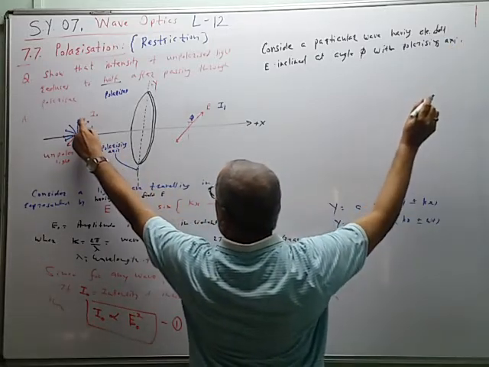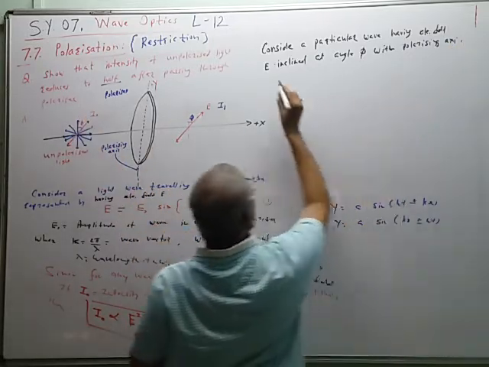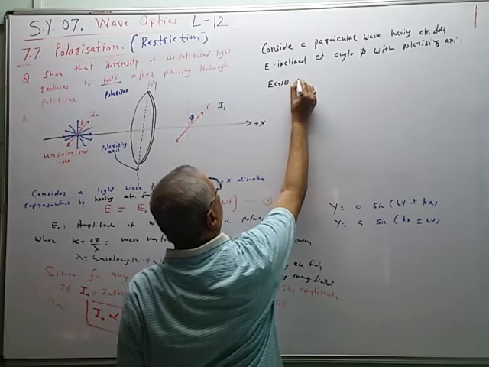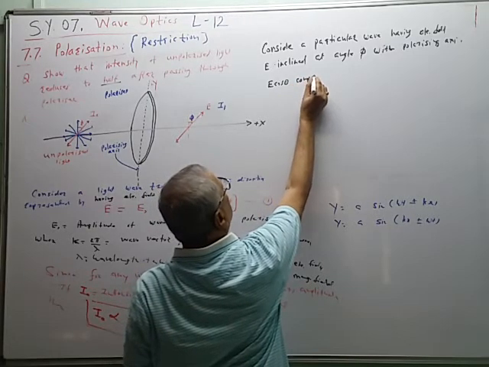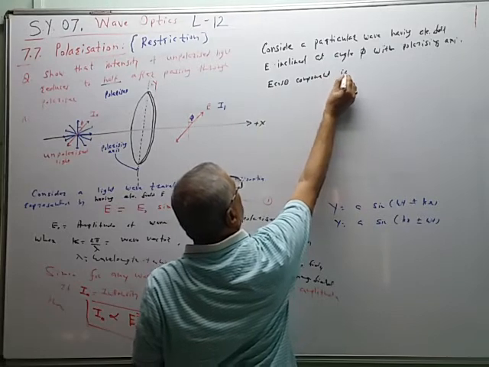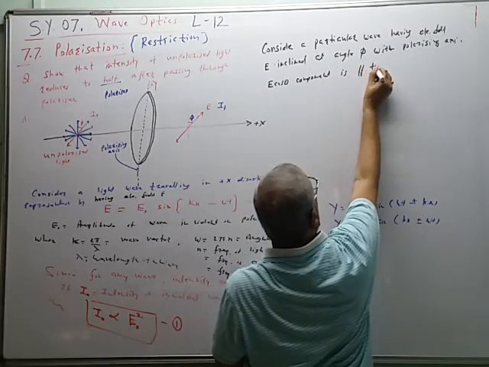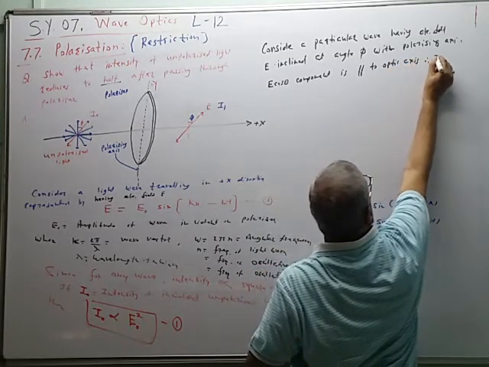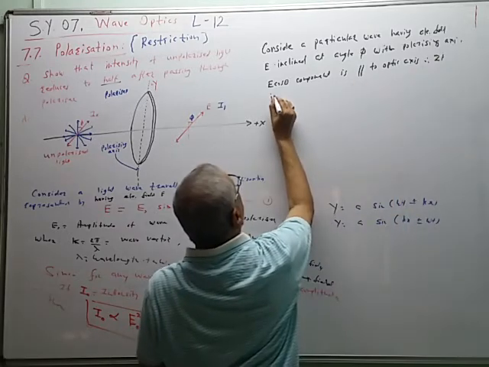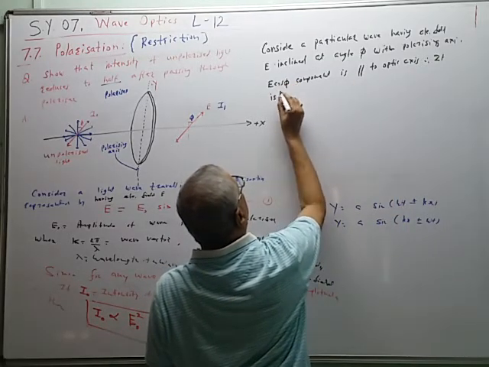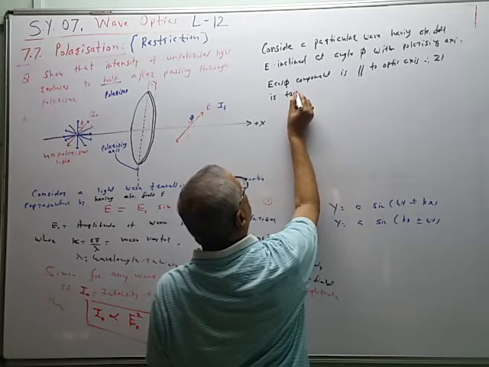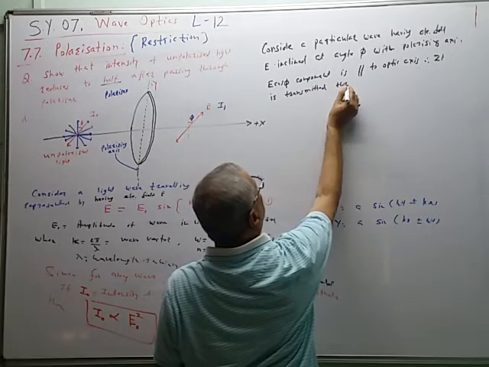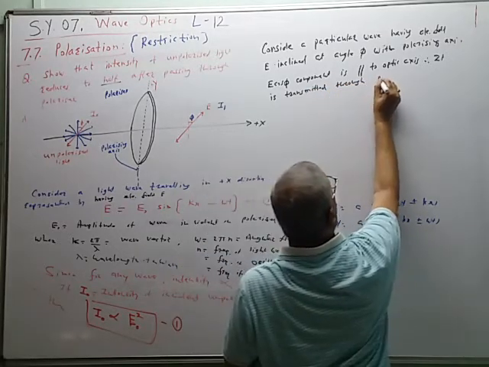So the E cos phi component is parallel to the optic axis. Therefore, it is E cos phi, and therefore it is transmitted through the polarizer.